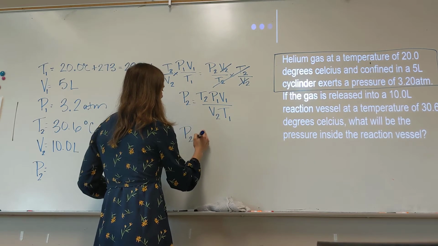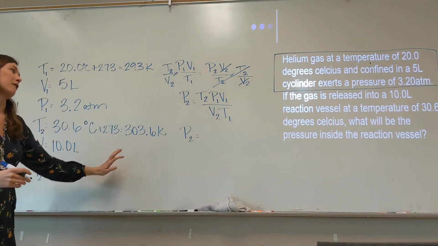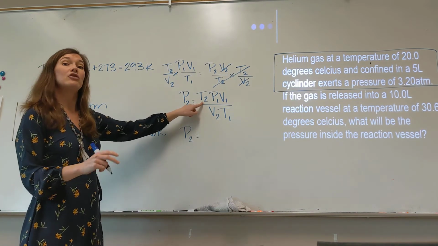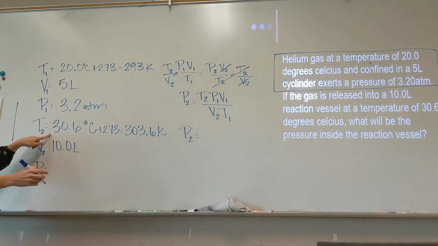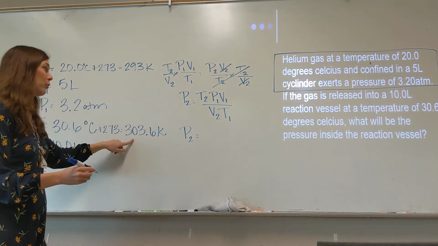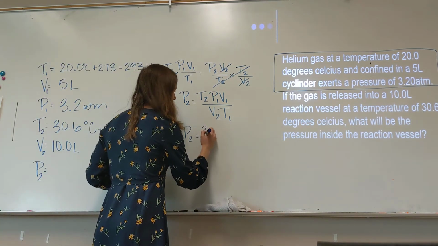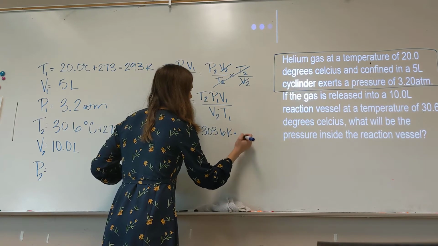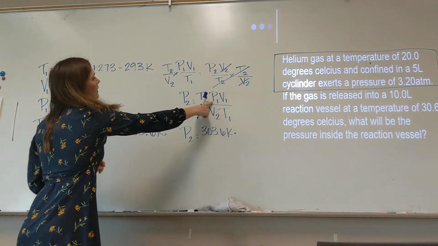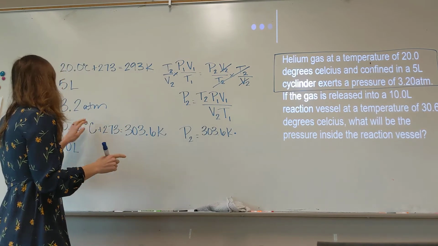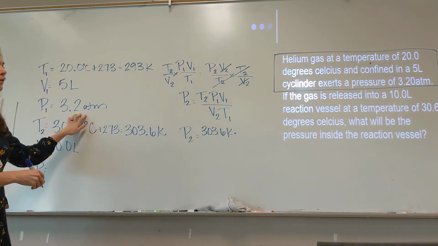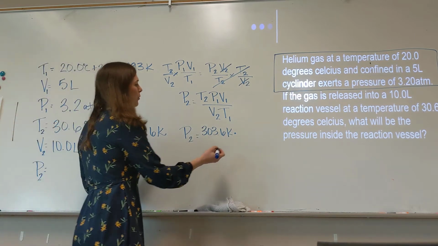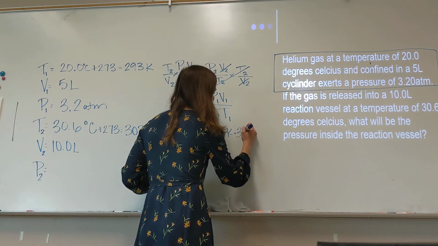Now I can plug in the numbers that I have for each one of my variables. My first variable is T2, so T2 is 303.6 Kelvin. Multiplied by, second one I have is P1. I'm solving for P2, so I can't plug that in, but I have 3.2 atmospheres.